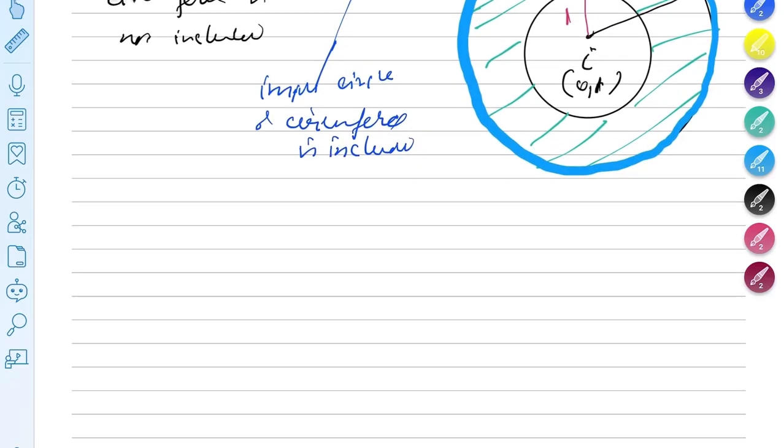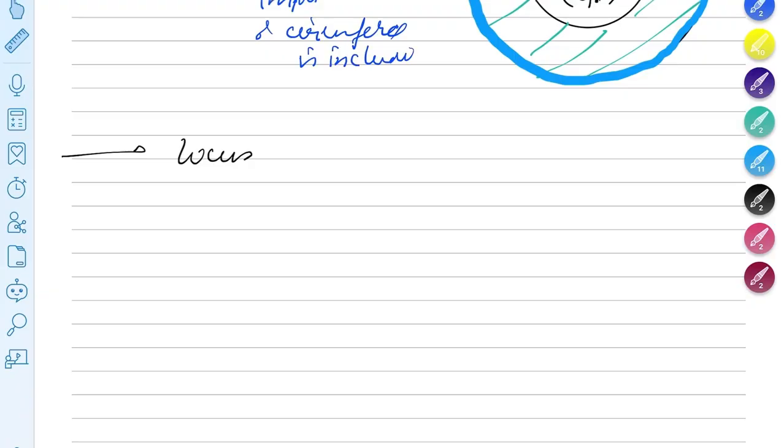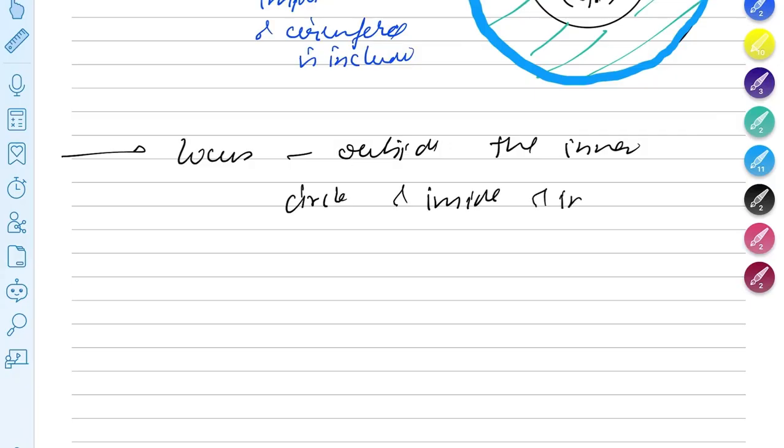So we can say what the locus of this is. The locus will be outside the inner circle, that is the circle with radius 1, and inside and including the boundary, that is the circumference, of the outer circle.